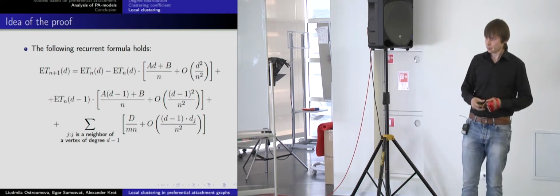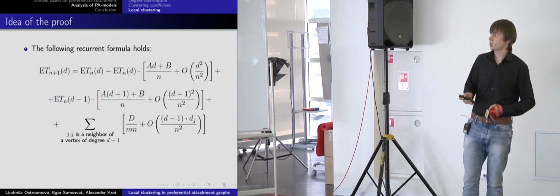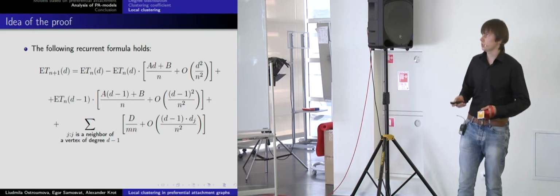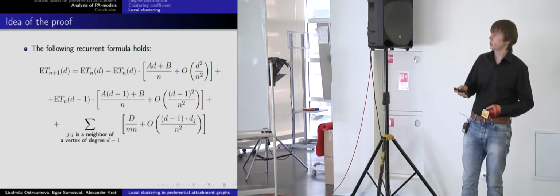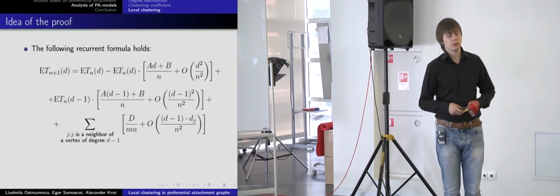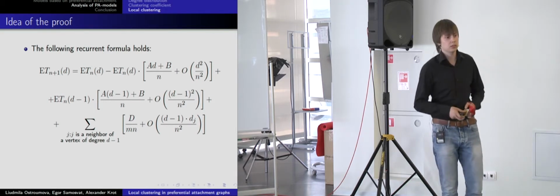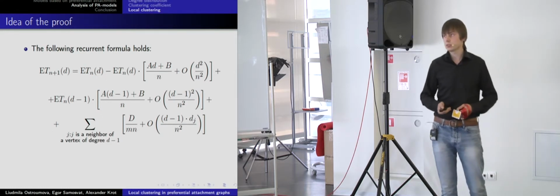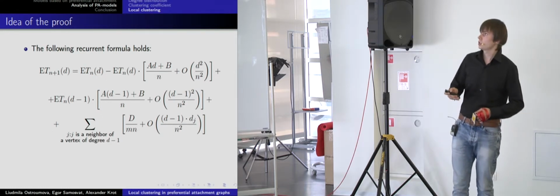After we add m edges, some of the vertices of degree d will become vertices of degree d plus 1, so we have such a term. And some of the vertices which were of degree d minus 1 will become vertices of degree d, and so we have such a term.